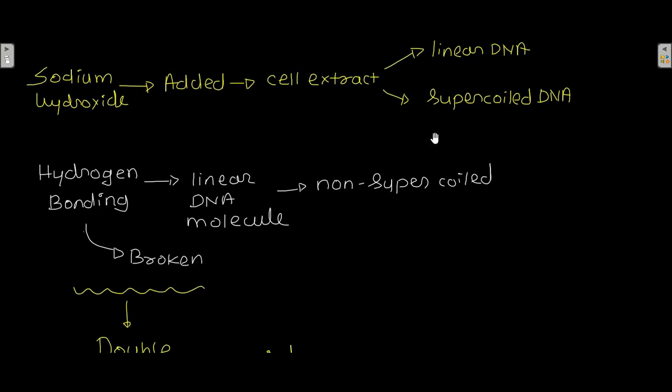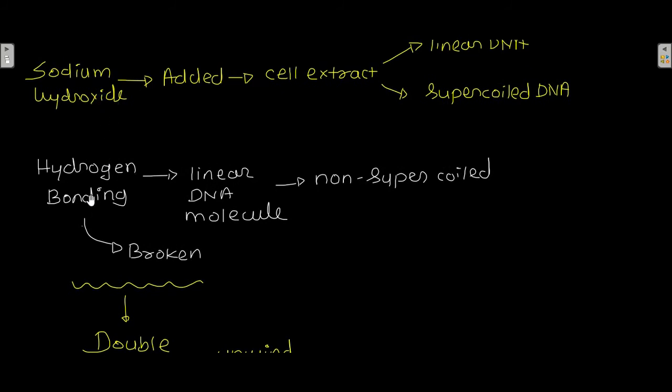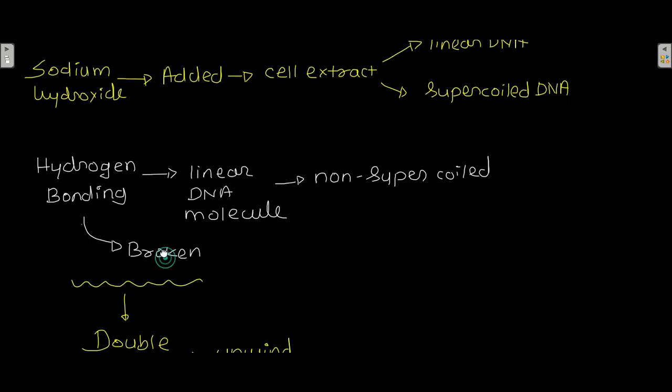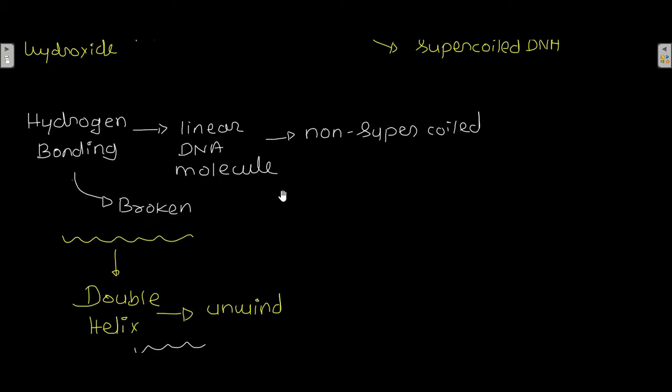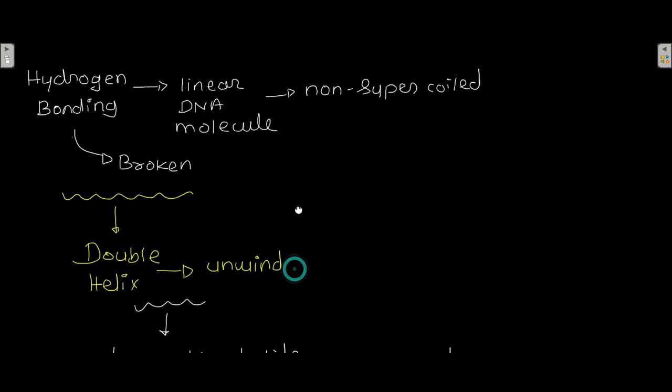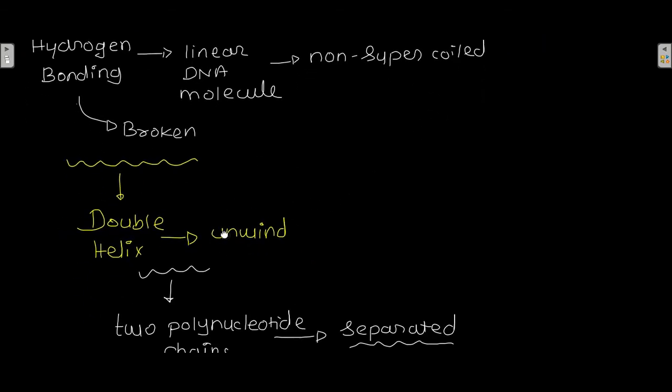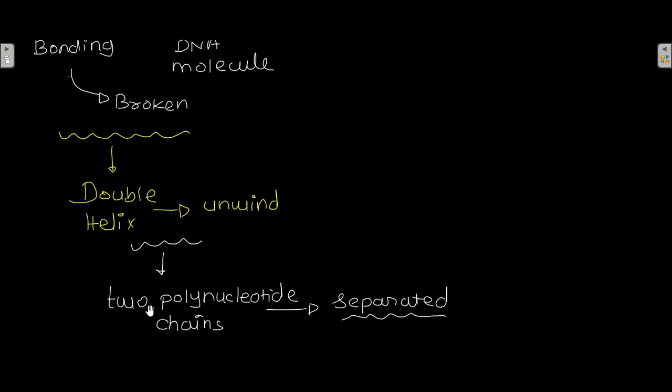So when you add this sodium hydroxide, the hydrogen bonding of the non-supercoiled DNA is broken. It does not affect the supercoiled DNA, but the non-supercoiled DNA's double helix unwinds, and that is how you separate the two polynucleotide chains.